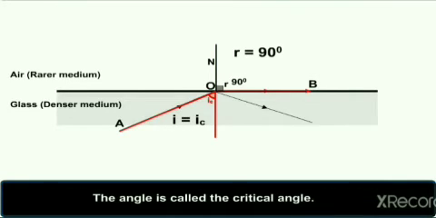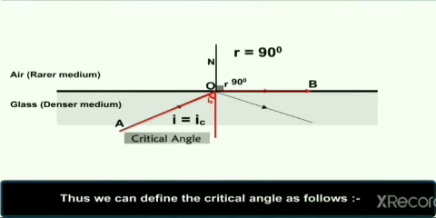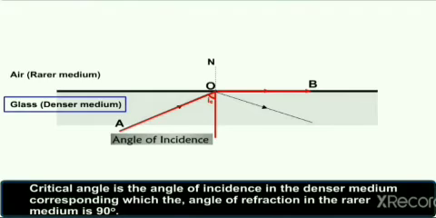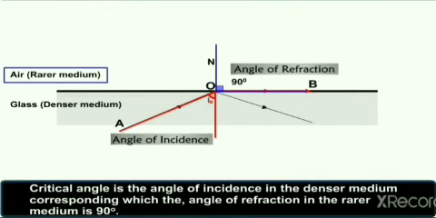The angle i_C is called the critical angle. Thus, we can define the critical angle as follows. Critical angle is the angle of incidence in the denser medium, corresponding to which the angle of refraction in the rarer medium is 90 degrees.